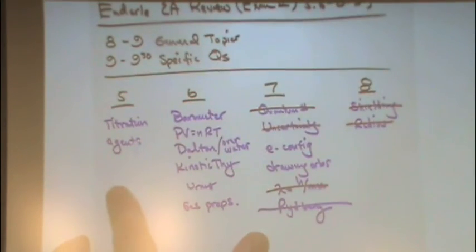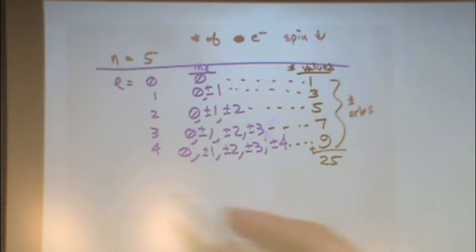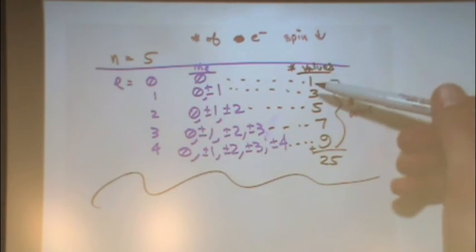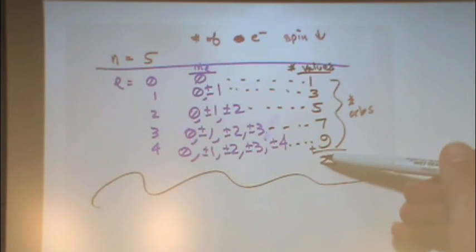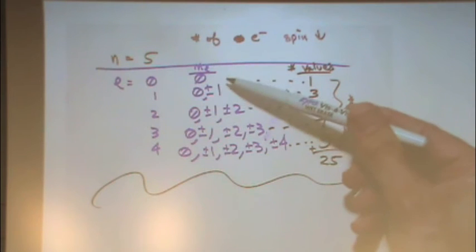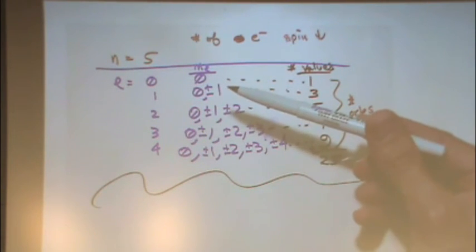Okay, next. Drawing orbitals. When you draw orbitals, do you want me to just do a couple random orbitals? Is that helpful? Yes? How did I get these numbers? That's up from m sub L. When you're counting m sub L, that represents orbitals because m sub L is orientations of orbitals.